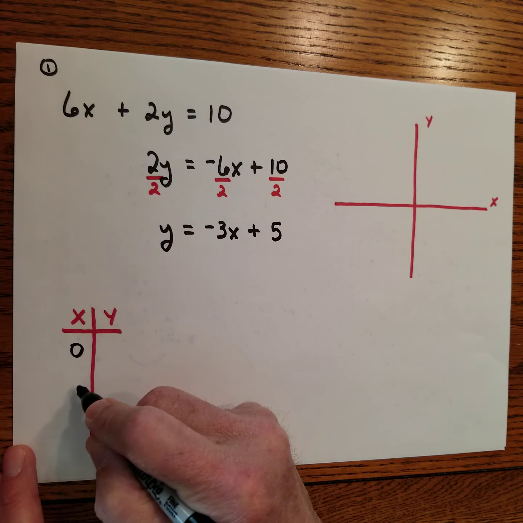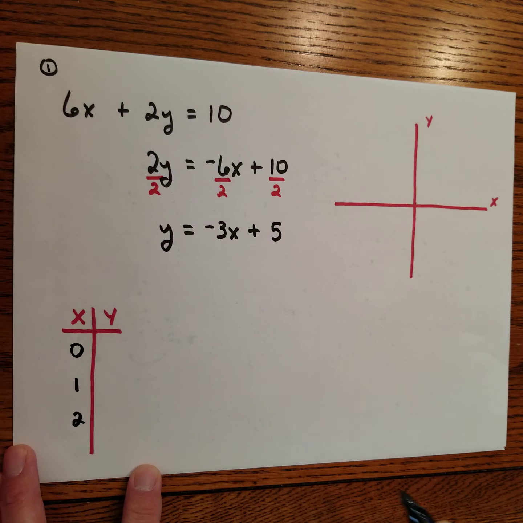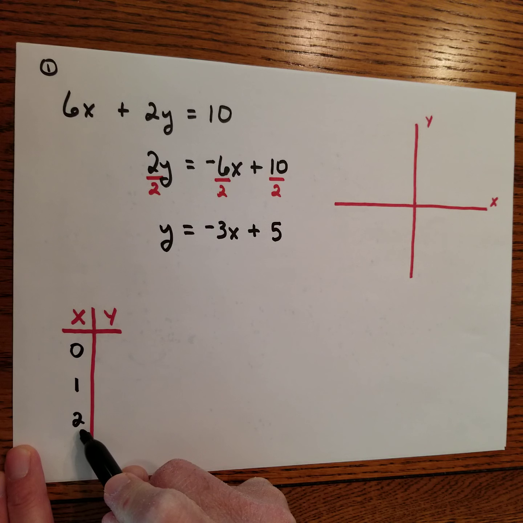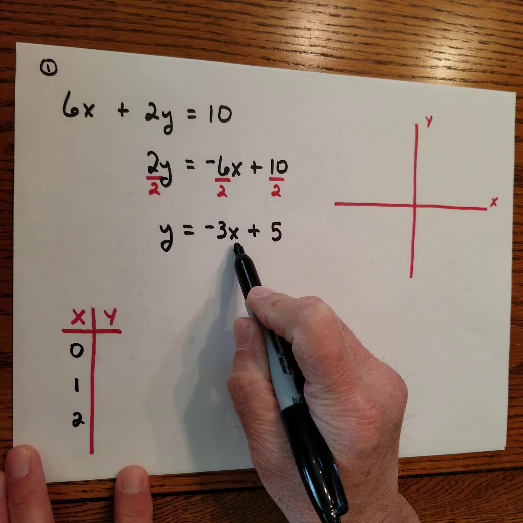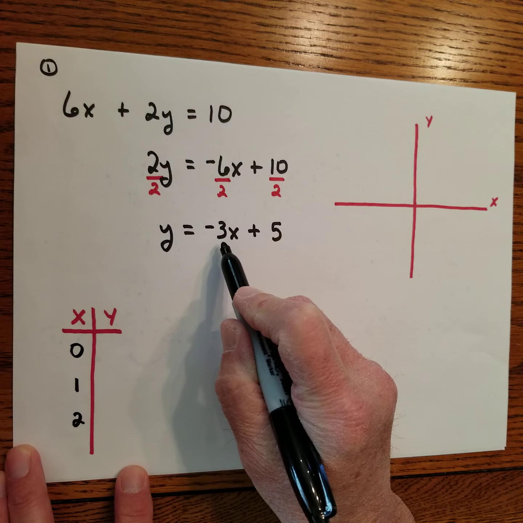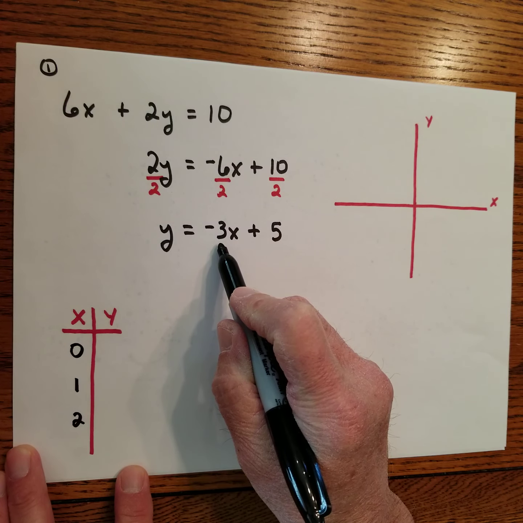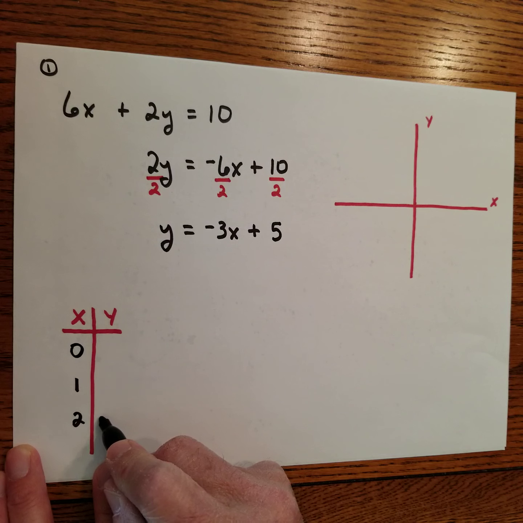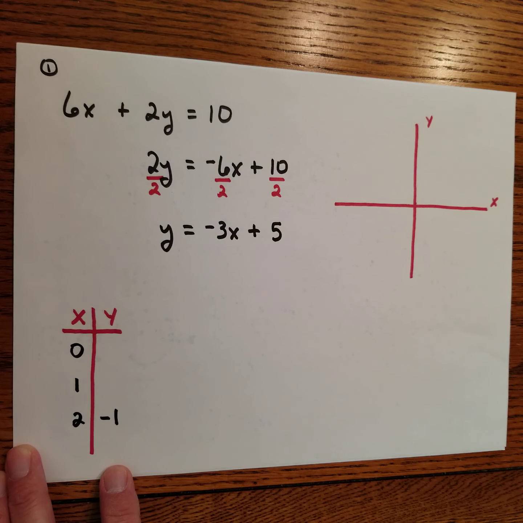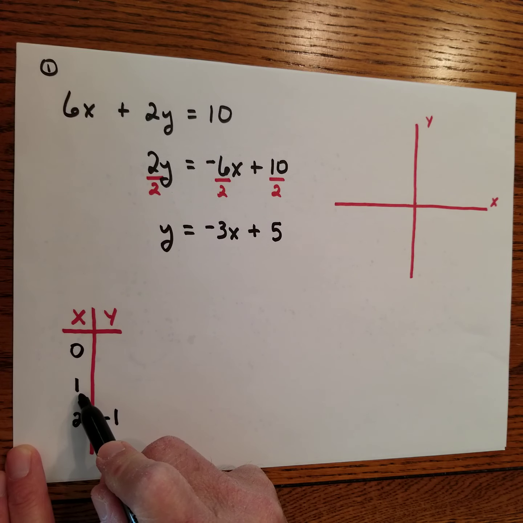Let's use 0, 1, and 2 as my x values. I'll plug in the 2 first. If I plug a 2 in right here, then it's 2 times negative 3 is negative 6. Negative 6 plus 5 is negative 1. Now I'll plug in the 1.